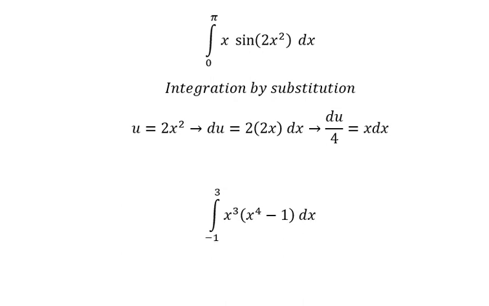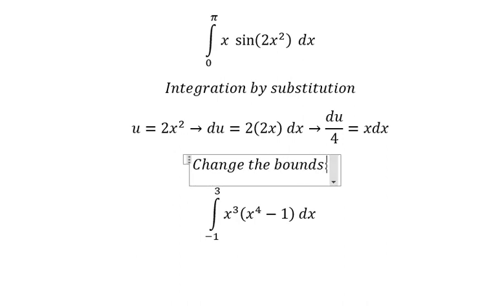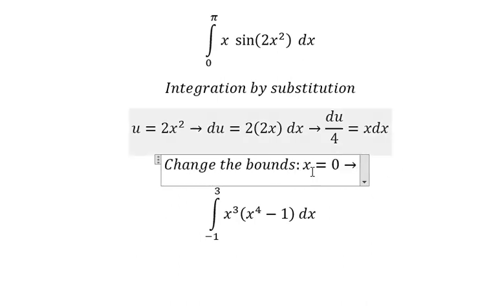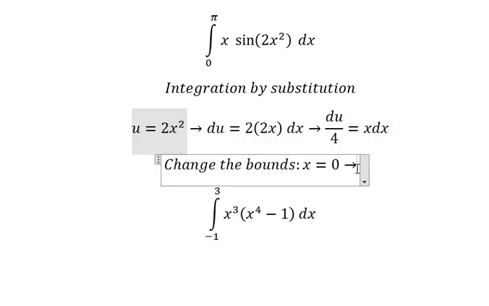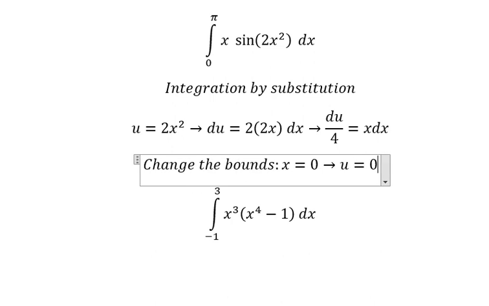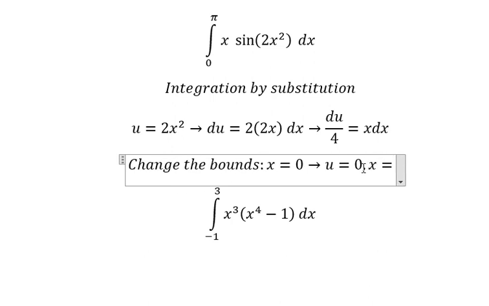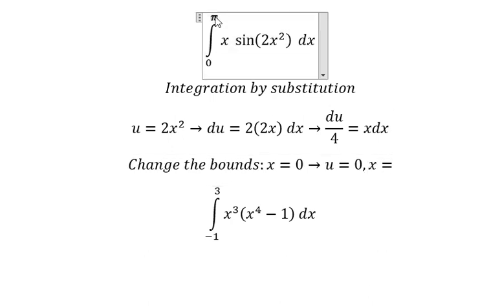Next, we need to change the bounds. When s equals to number 0, I need to put number 0 in here to find the value of u. So u equals to number 0 when s equals to b.